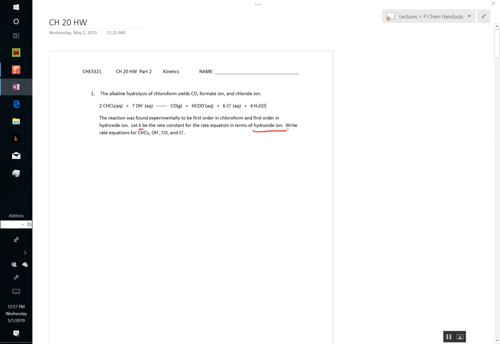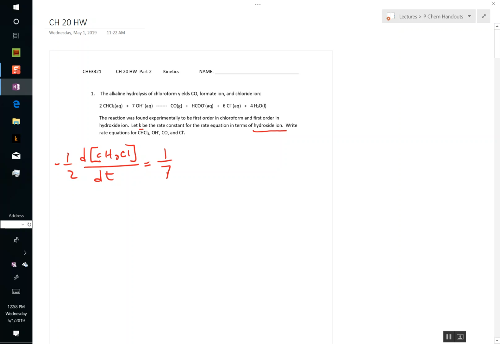If we went in here and said, what are these rates? Just like what Liz was saying, we would pull these coefficients into this part of it. Minus 1/2 times the change in the chloroform with respect to time is going to be equal to 1/7.